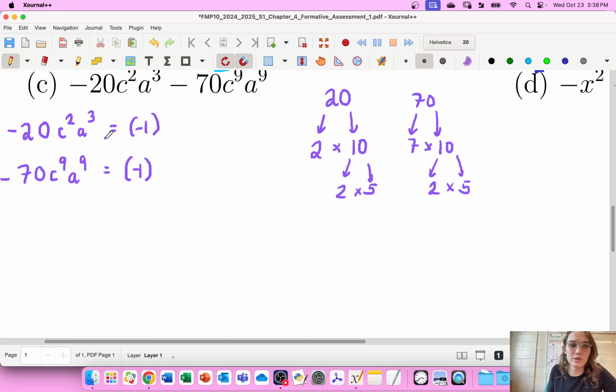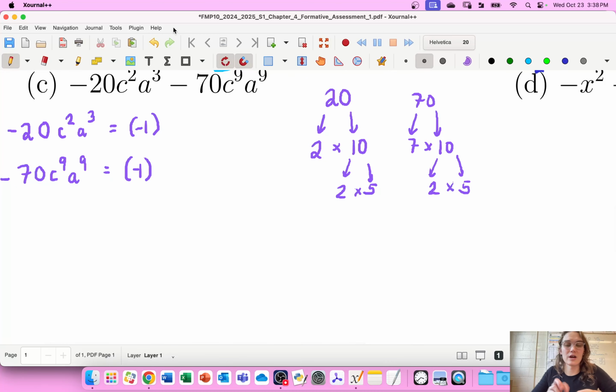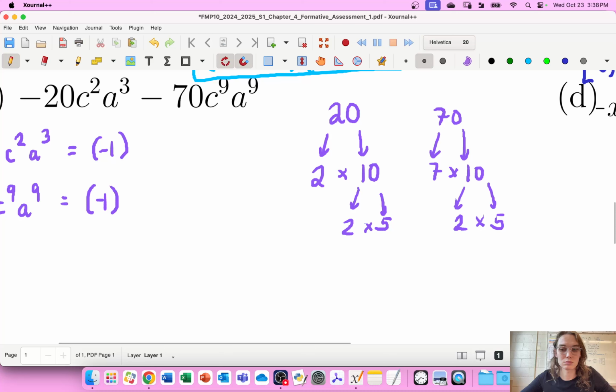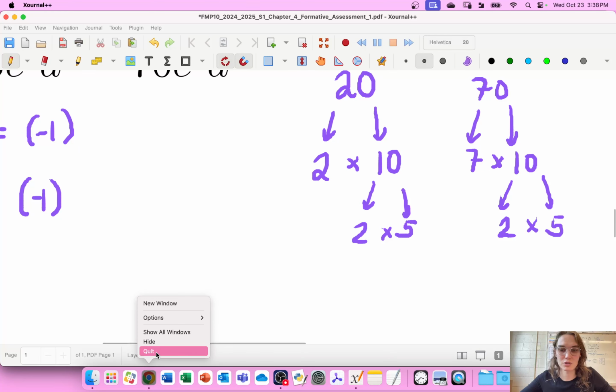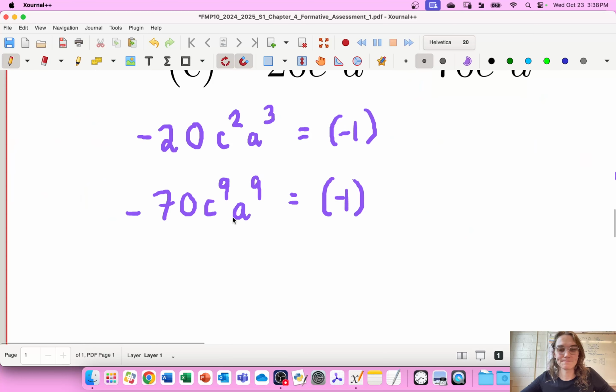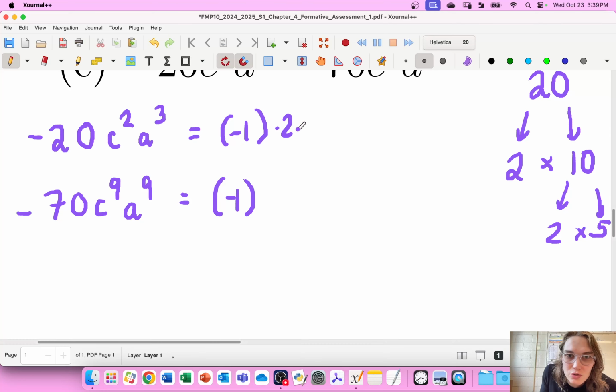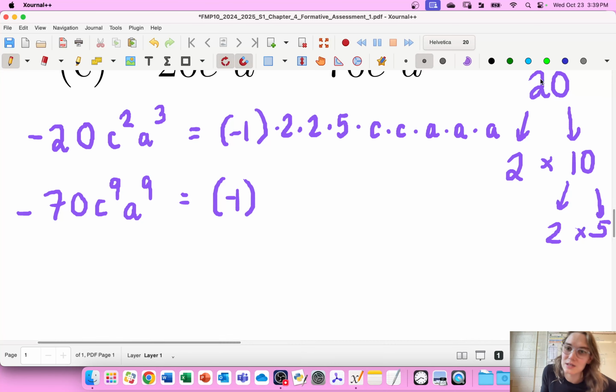Okay, so it's, oh shoot, I'm gonna wanna move that because otherwise it's gonna be getting in my way. I'm just gonna write small. I don't wanna move that right now. Should shut this app just in case. Okay, so -20 is -1 times 2 times 2 times 5 times C times C times A times A times A. Okay.